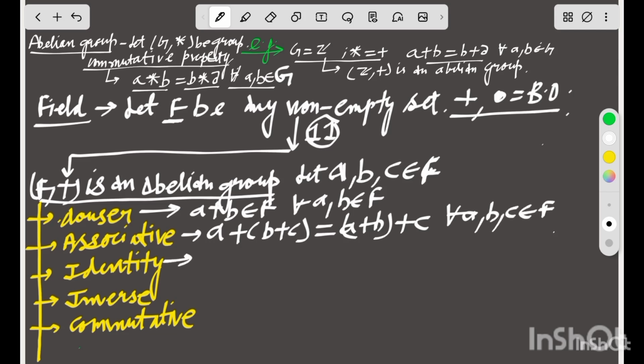Third is the identity. The identity is a unique element of the set F with the property that if we add that element to A, it gives A.